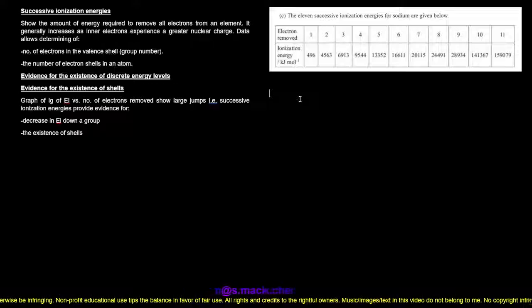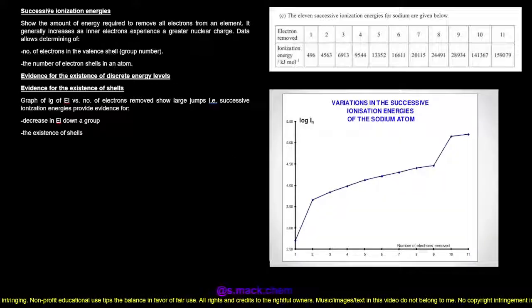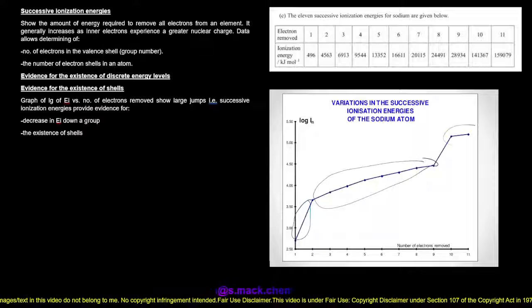From this graph, we can more easily see the jumps in ionization energy. So we see a jump in removing the second electron as well as the 10th electron. In looking at this diagram, what it shows us is the existence of electrons in shells. So here we have 1 shell, 2, and 3.